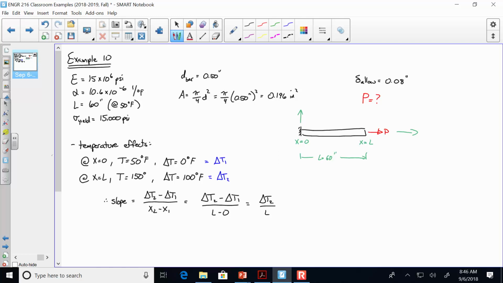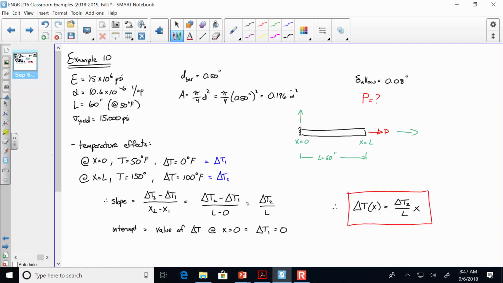So that's the slope, and the intercept is the value of delta T at x equals 0. And what is that? 0, right? Because it's delta T1. So therefore, I have that.